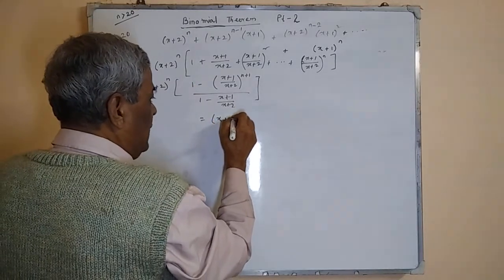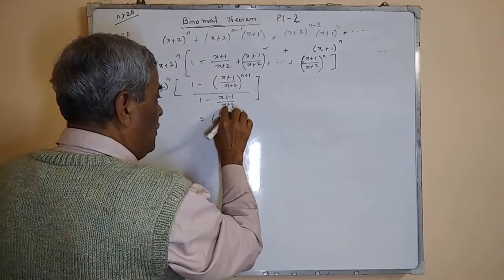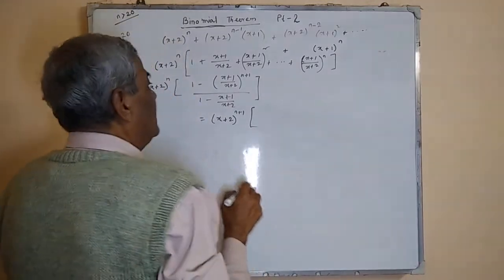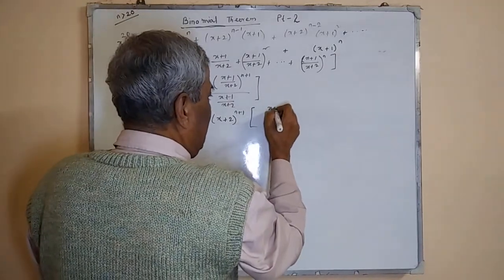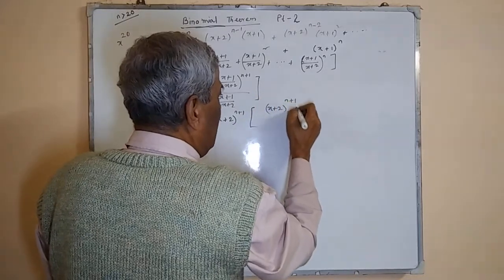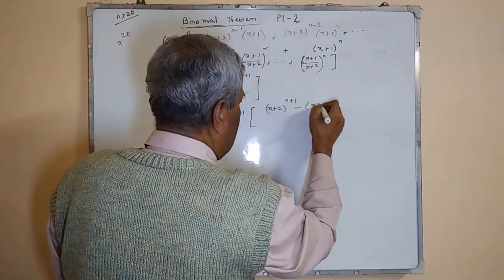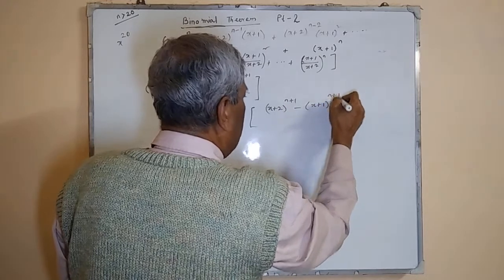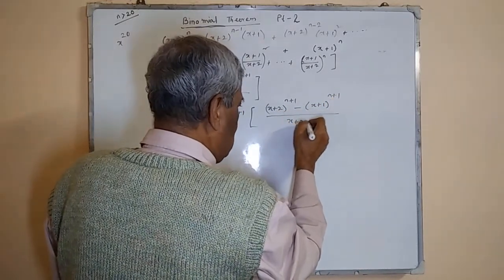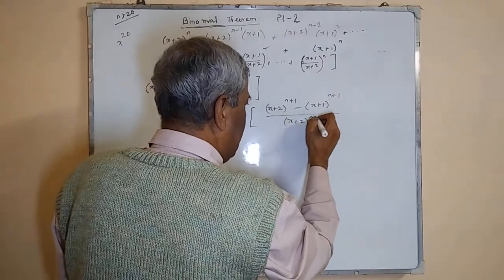So this is equal to 1/x, and the numerator is ((x + 2)^(n+1) minus (x + 1)^(n+1)) by (x + 2)^(n+1).